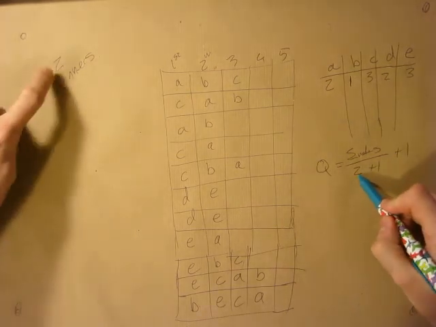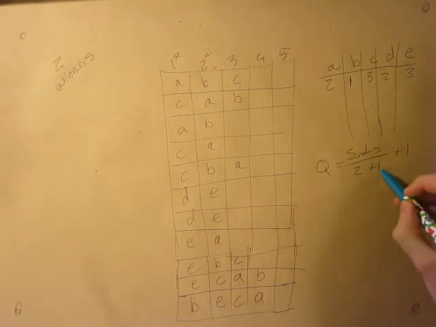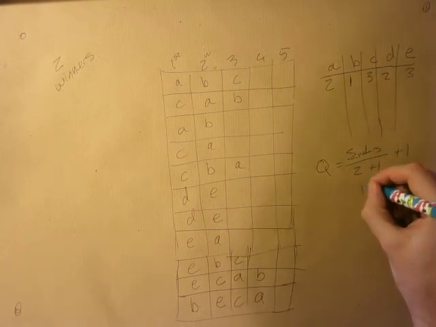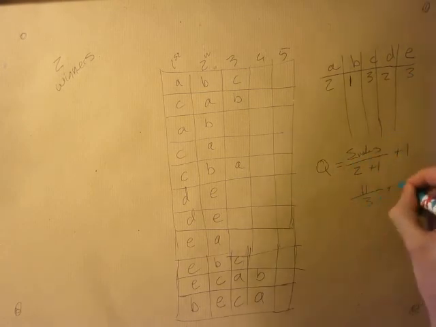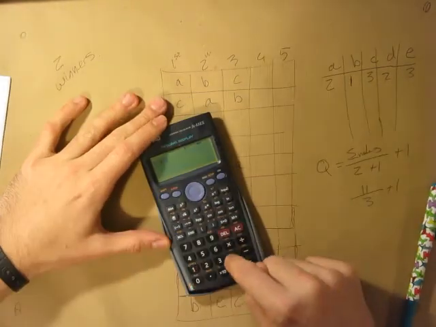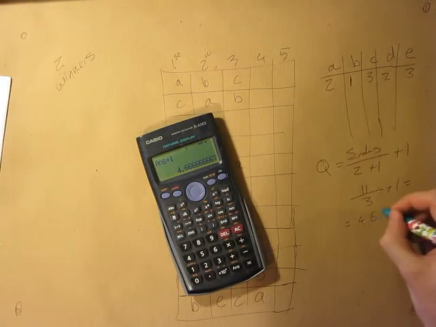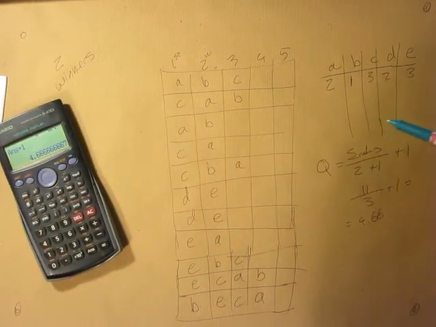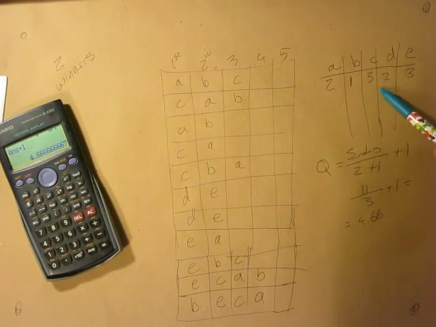This 2 came from the number of winners that we want, plus 1, and then plus 1. So the number of votes that we have, it's 11 over 3 plus 1, 4.66. This is our special number. No one in here is over 4.66, so we don't have a winner.